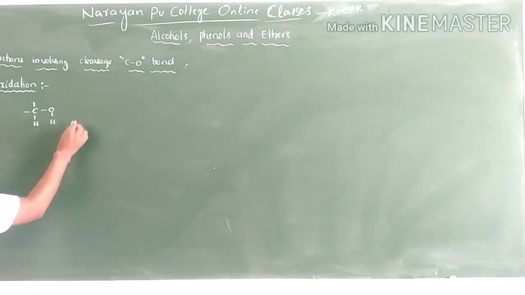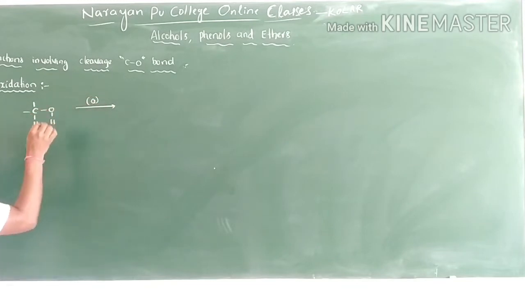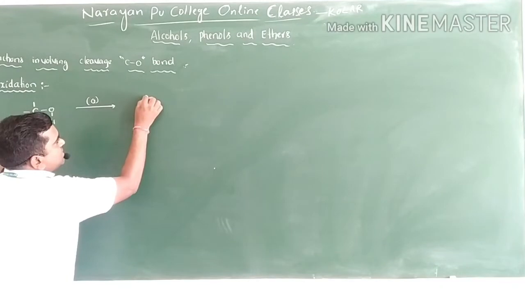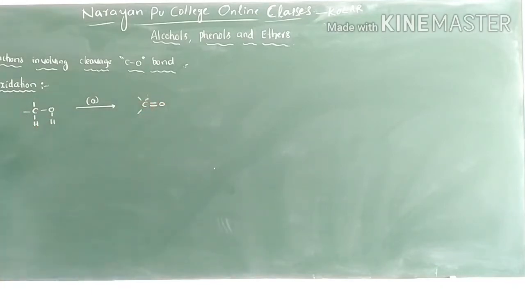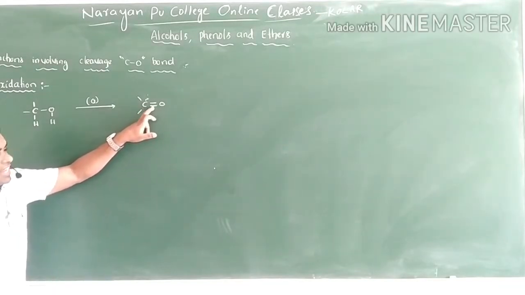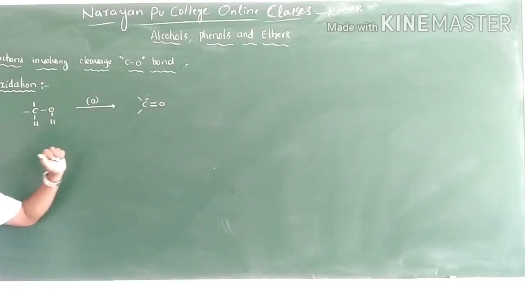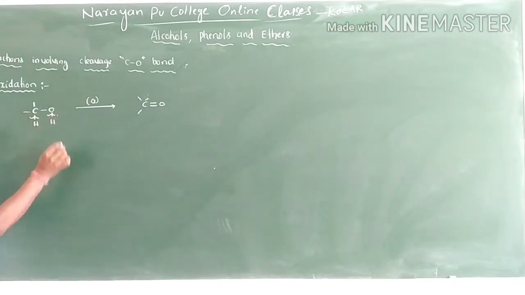Now, whenever alcohols are involved in the oxidation process, what happens? The product is C double bond O, meaning a carbonyl compound. Oxidation of alcohols involves the formation of a carbon-oxygen double bond by breaking the CH bond and the OH bond.